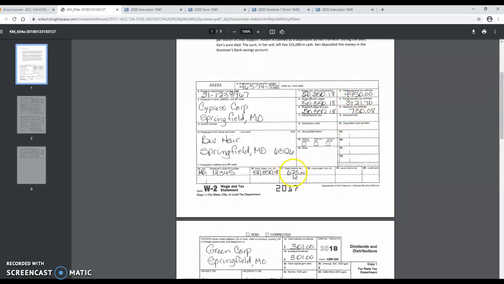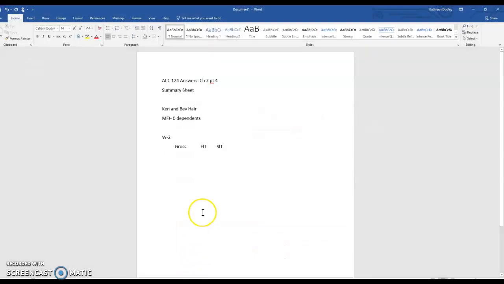And she does have a state income tax of $675. Okay, so if we put Bev second, she will be the spouse. 5350 is the gross. 4950 is the FIT. And 675 was the SIT.